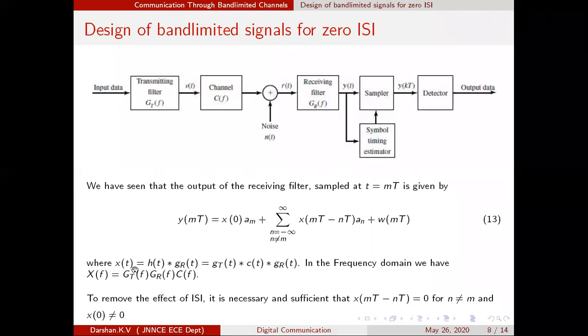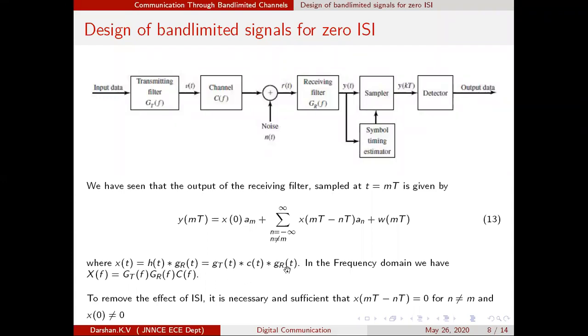x of t equal to h of t star g of t equal to gt of t convolution with c of t convolution with gr of t. This means x of t involves the contribution of the transmit filter, the contribution of the channel, and the contribution of the receiving filter.